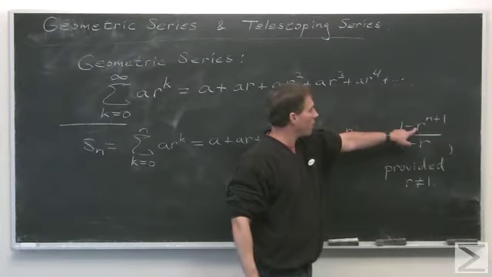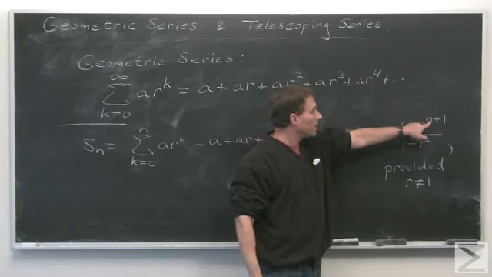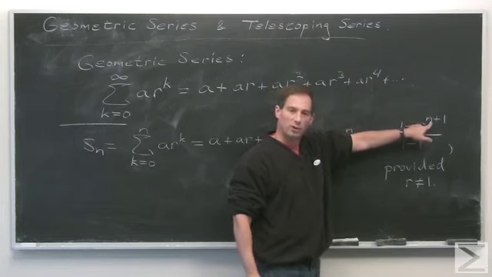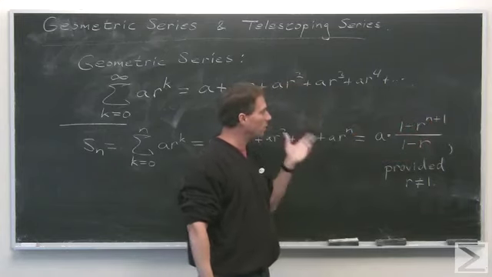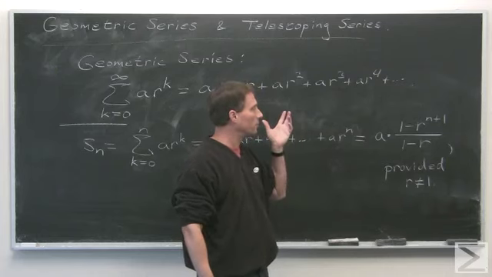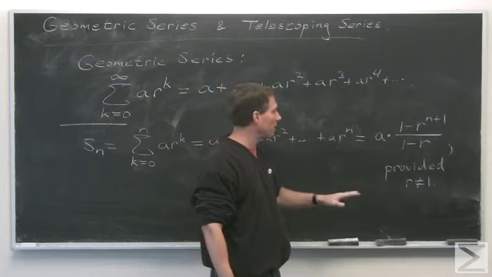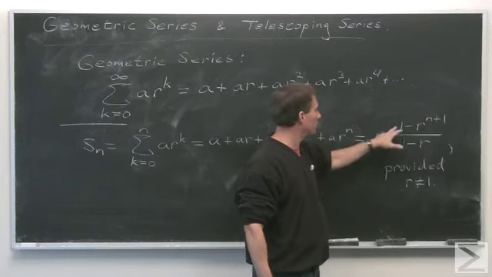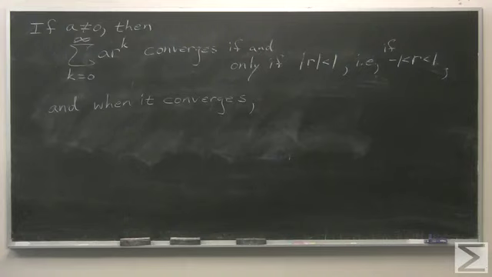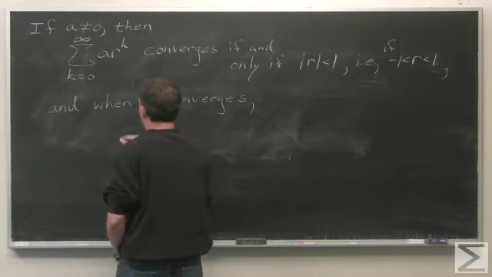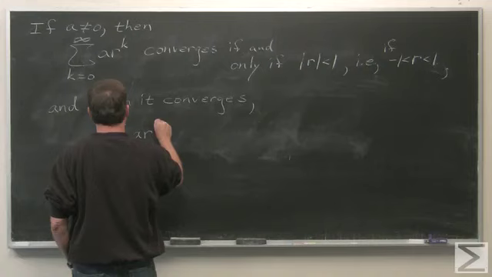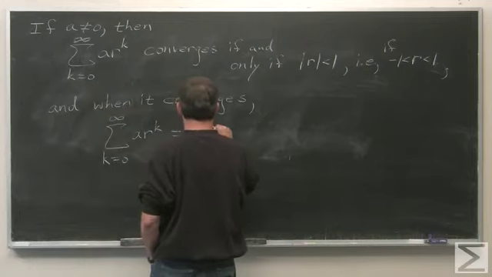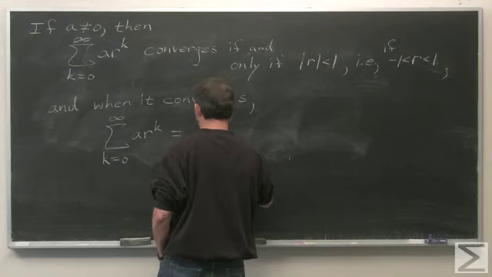If the absolute value of r is less than 1, as n goes to infinity, you take something with absolute value less than 1, raise it to bigger and bigger powers, and it gets smaller and smaller in absolute value. This approaches 0, and you're left with a times 1 over 1 minus r. So in the case where r has absolute value less than 1, this infinite sum converges to a over 1 minus r.